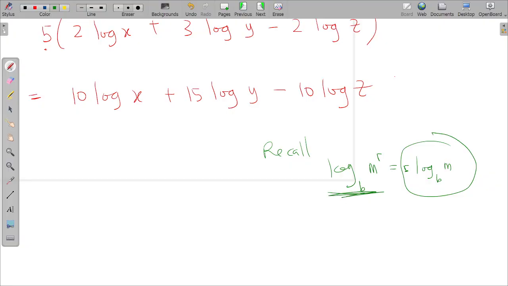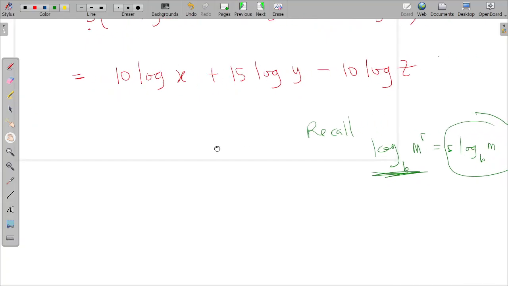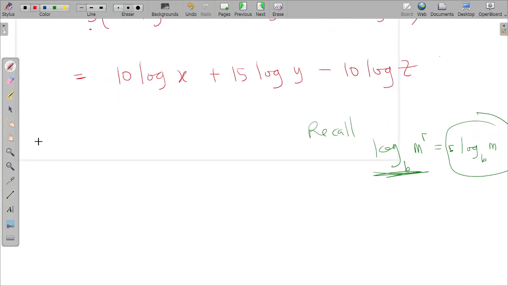Either way can go. So this will become log x^10 plus log y^15 minus log z^10.